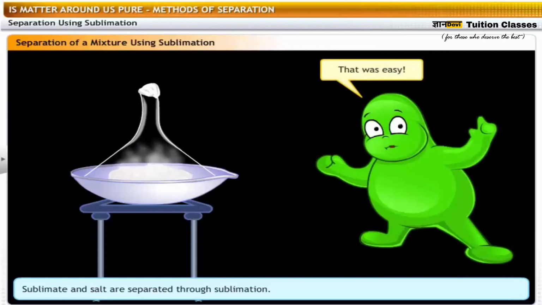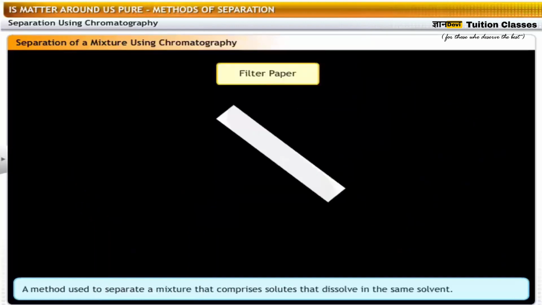That was easy. First, take a thin, long strip of filter paper. Use a pencil to draw a line on it, about 3 centimeters above the lower edge. Then, put a small drop of black ink on the filter paper in the center of the line, and allow it to dry.